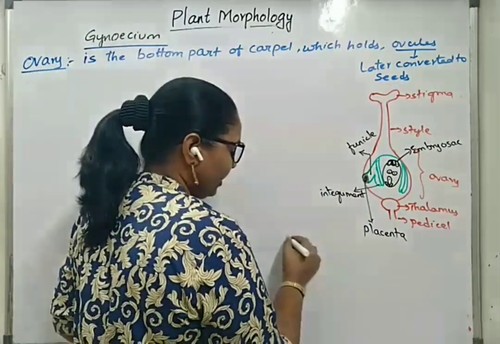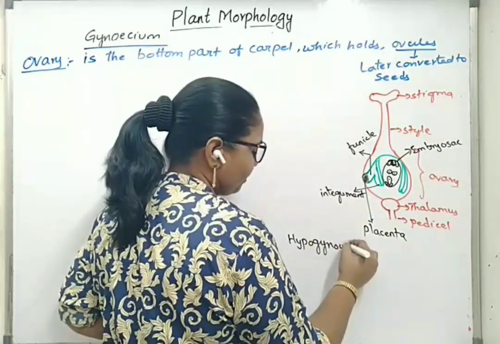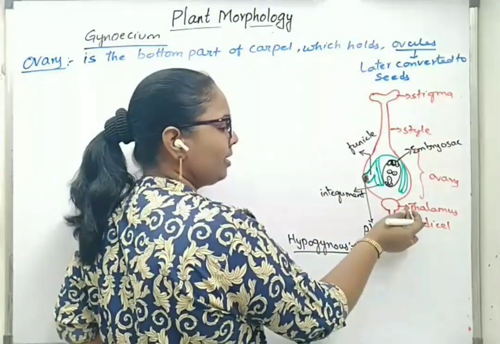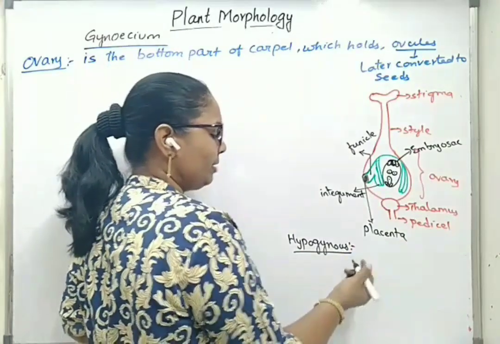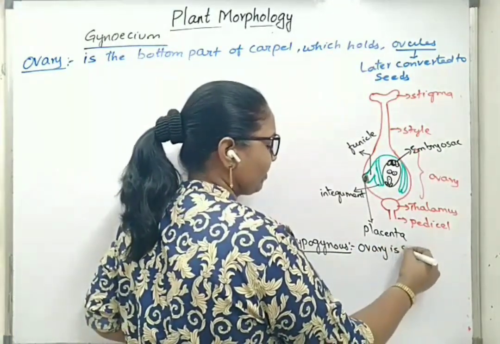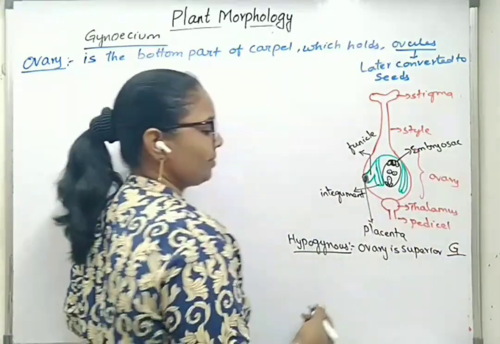In case of hypogynous flowers, in which ovary is superior, all the remaining floral parts like stamen, petals, sepals are below the gynoecium. Ovary is superior. We represent it like this.